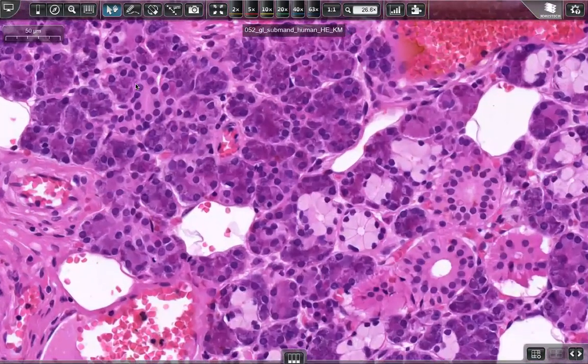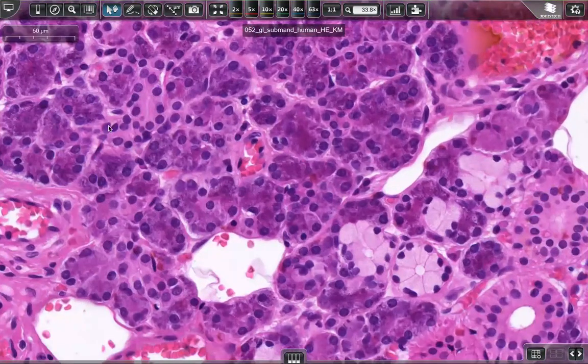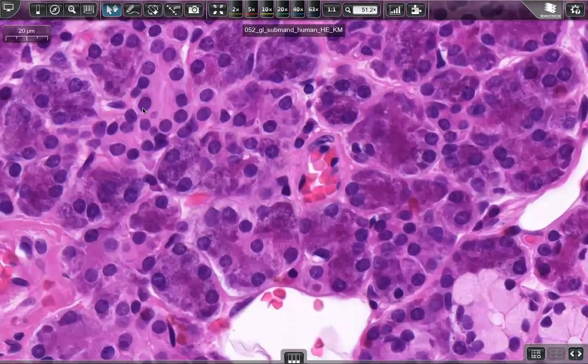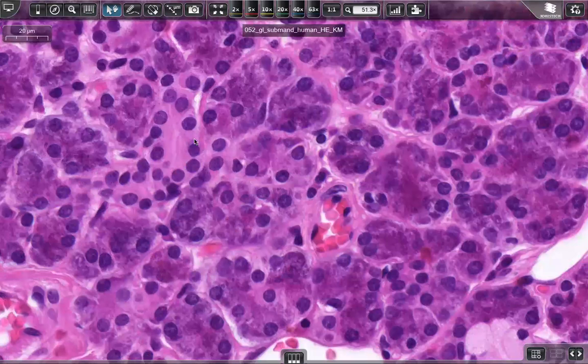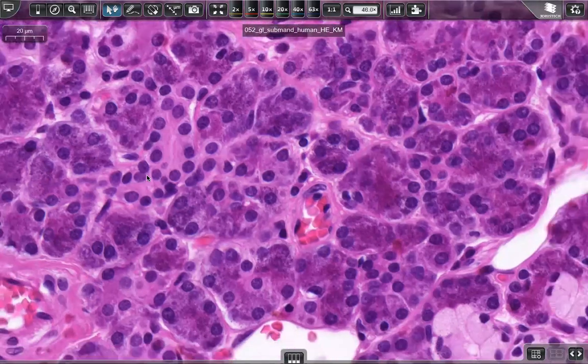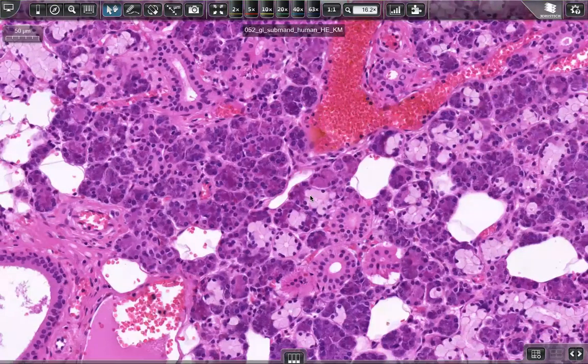Here it is. It's not a cross section, it's a longitudinal section, but the color is different from the serous acini, and the nuclei are round-shaped. The cytoplasm is pinkish. So this is the lumen of the intercalated duct, but I'm showing a cross section as well.